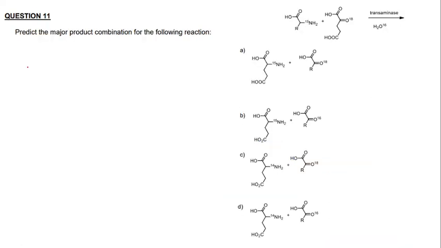Okay, so the next question is: predict the major product combination for the following reactions. So the enzyme is transaminase. Transaminase, what will it do? It will do transamination. So what will be the product here?